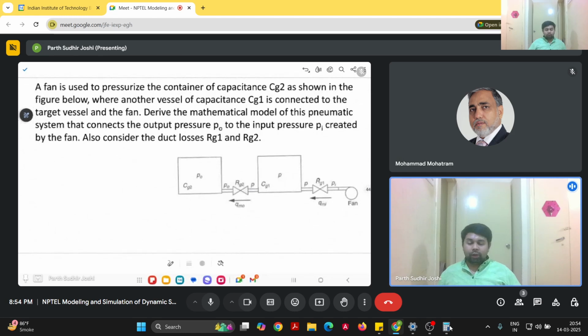So now I think we can do one more example of pneumatic systems. We have been given these two containers, with capacitances Cg1 and Cg2.